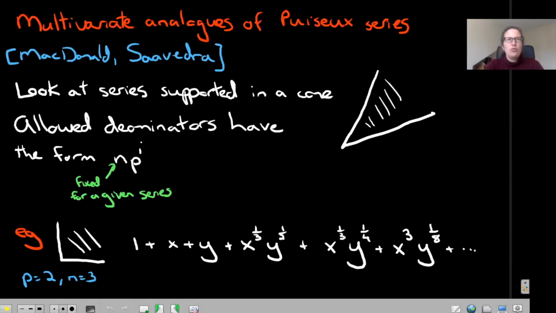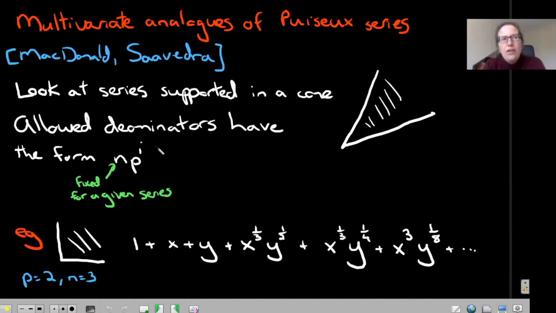If I go to more variables, then this is where we see two things going on. The rules about the denominators are essentially the same. The denominators are all allowed to look like n times p to the i, where n is fixed for a given series, but the p to the i can go up.